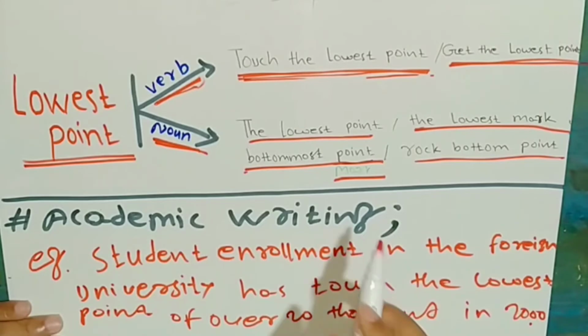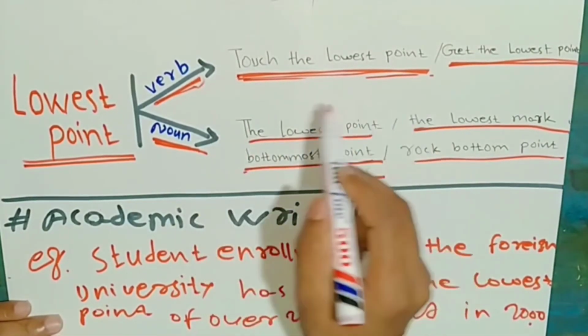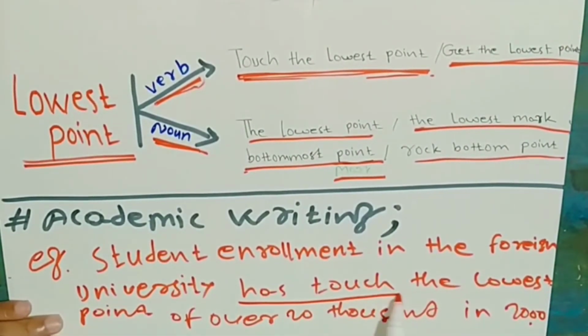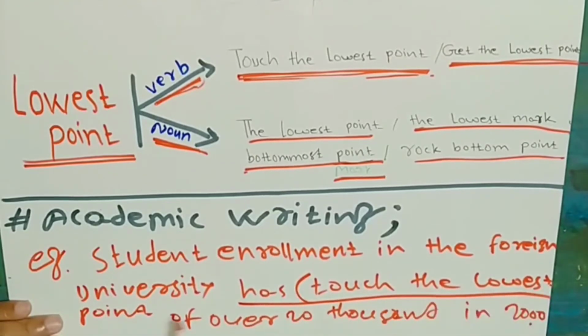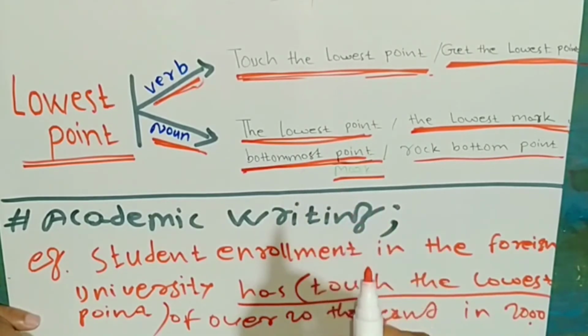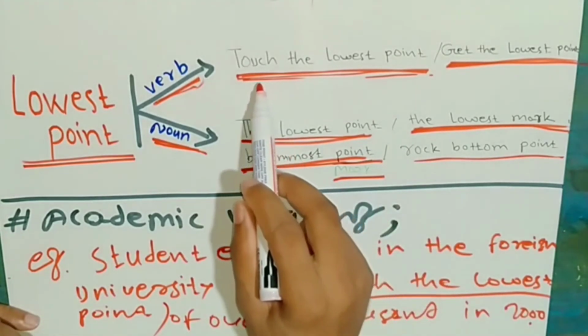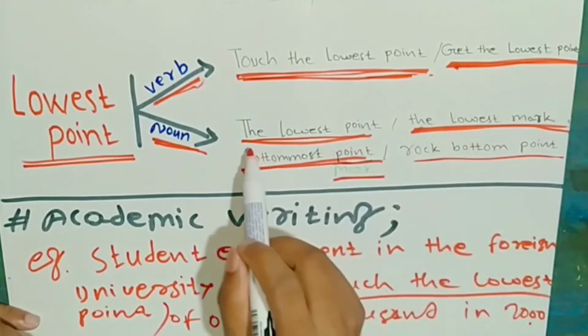So the word we use is this one, touch the lowest point as above, right? Touch the lowest point, right? So I recommend you write one example for every word here, right?